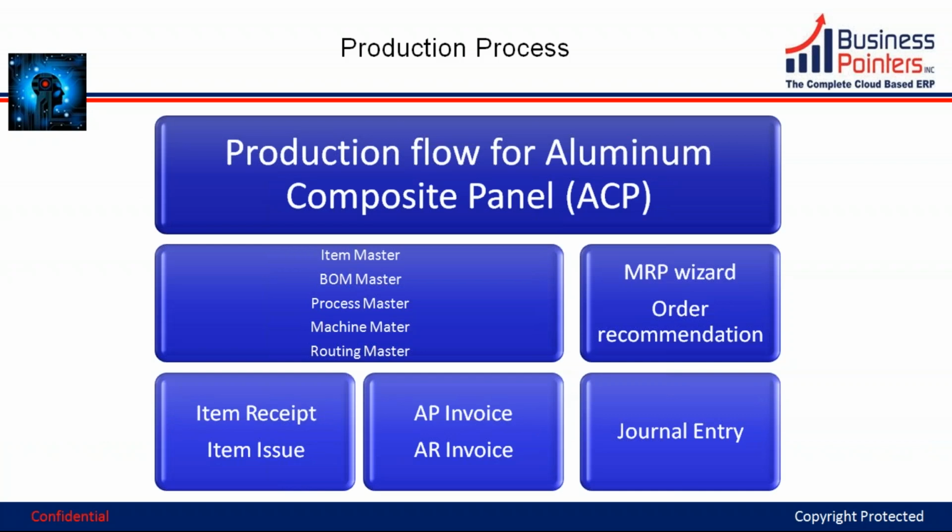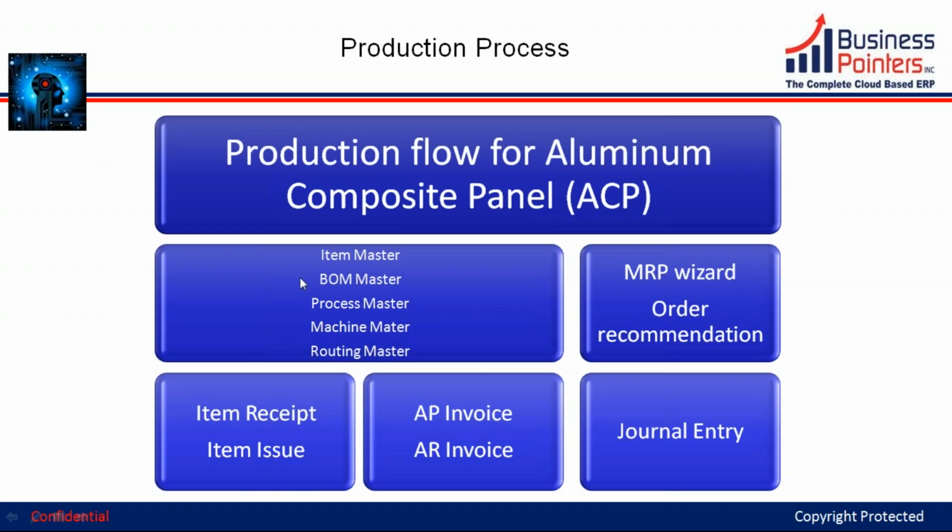So if you see over here, we have the item master, the bill of material master, process master, machine master, routing master. Item master will contain all the raw materials, semi-finished products, and all the finished products. So item master will contain complete details of all the items that need to be configured.